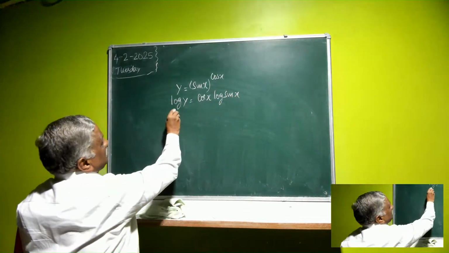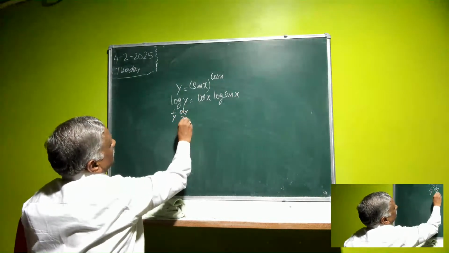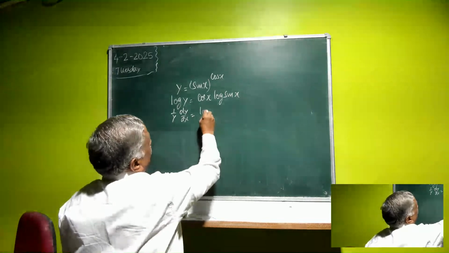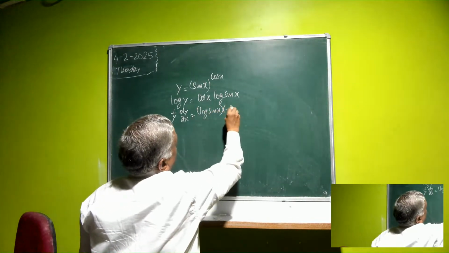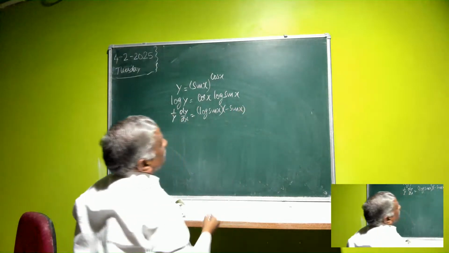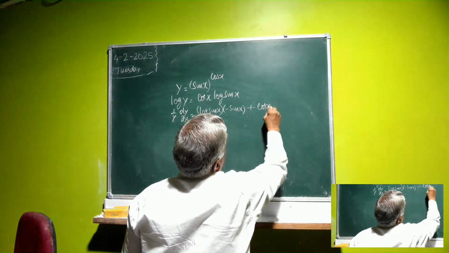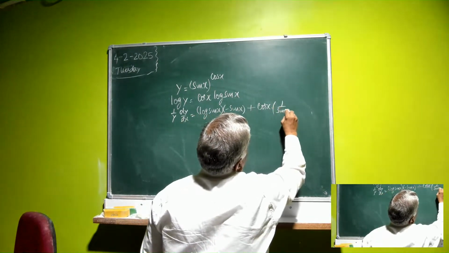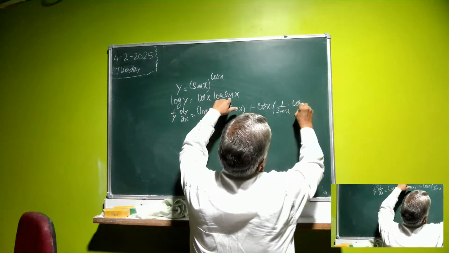Same procedure, differentiating log y, 1 by y into dy by dx. This is again the product rule. So keep log sin x as it is. Differentiate cos x, you get minus sin x. Keep cos x as it is. Differentiate log sin x, you get 1 by sin x into cos x.